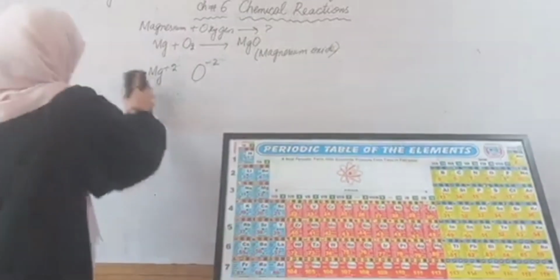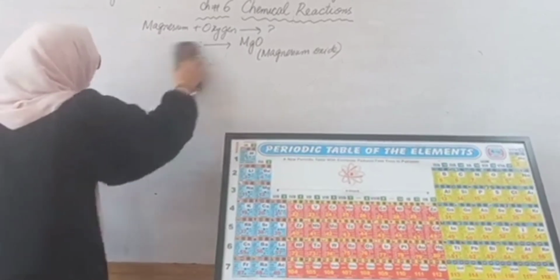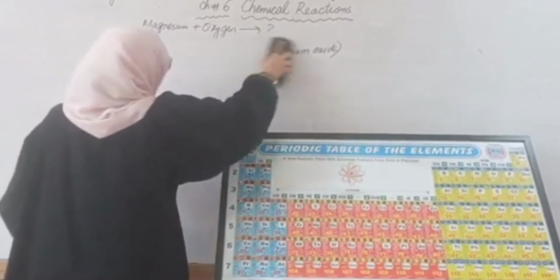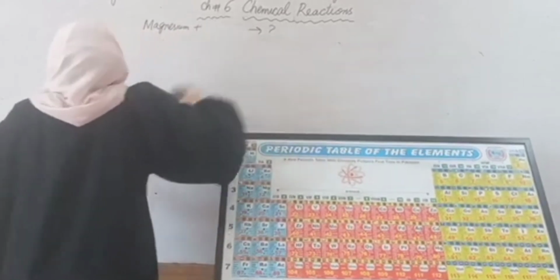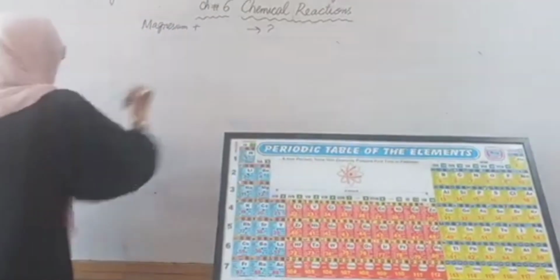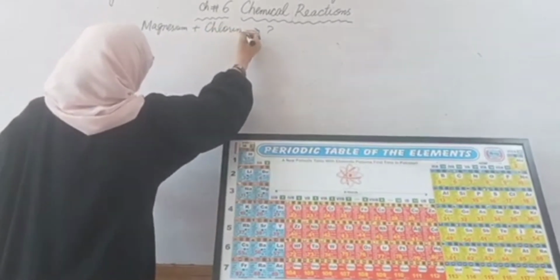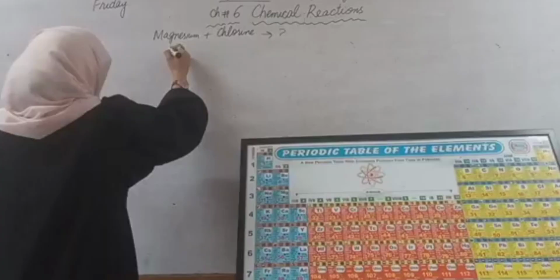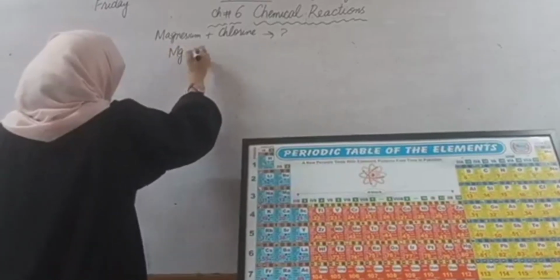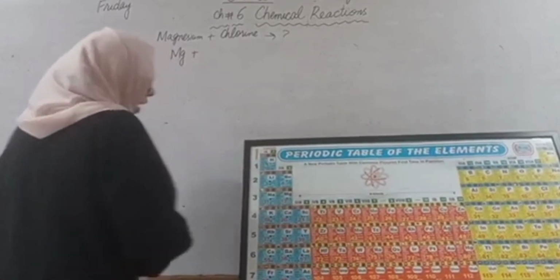Similar to this, we will do the chemical reaction between magnesium and chlorine. You know that magnesium has the symbol Mg and chlorine has the symbol Cl.